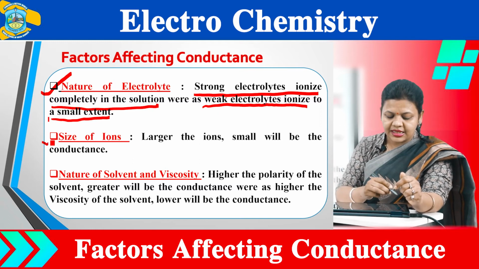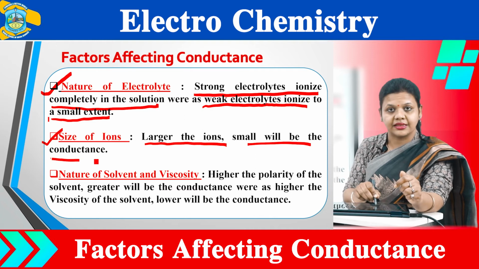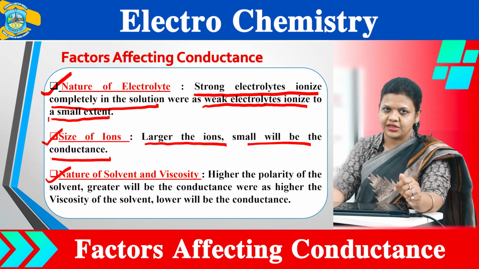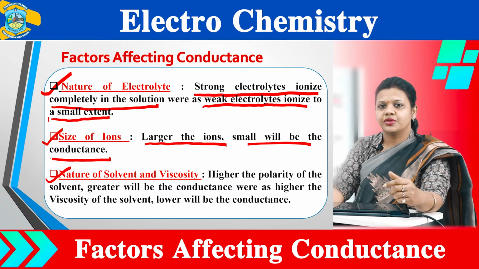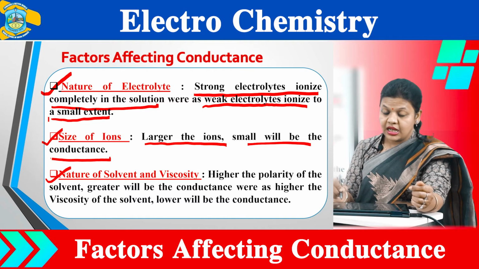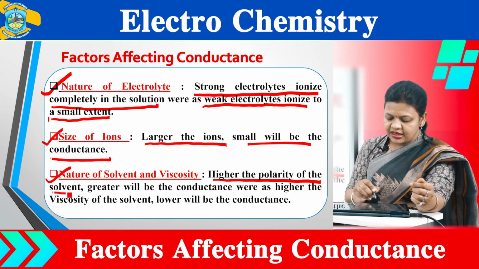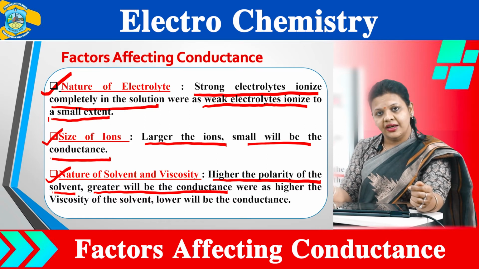Second property is size of ions. Larger the size of the ions, smaller will be the conductance. Third is nature of solvent and viscosity. When we talk about the nature of solvent, we talk about polar and non-polar substances. If the solvent is highly polar, it will increase the conductance of the electrolyte, whereas less polar solvents will decrease it.